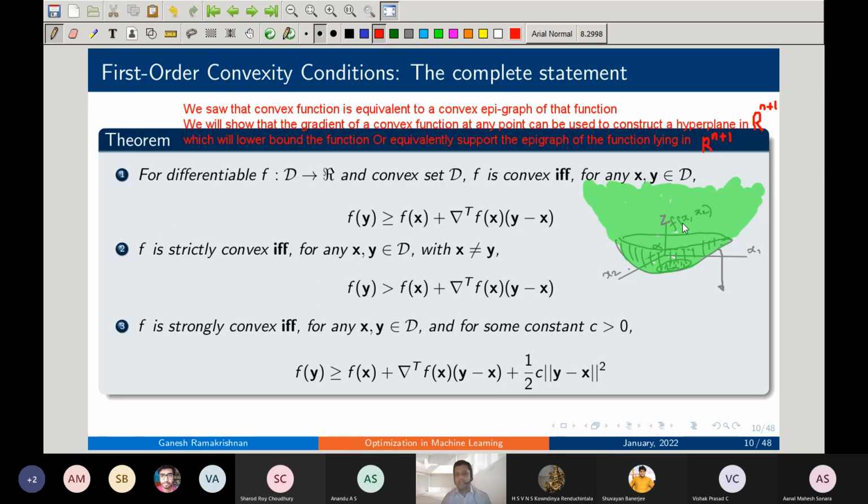Let me actually draw a better picture. So we want to show that for the function, the picture here.